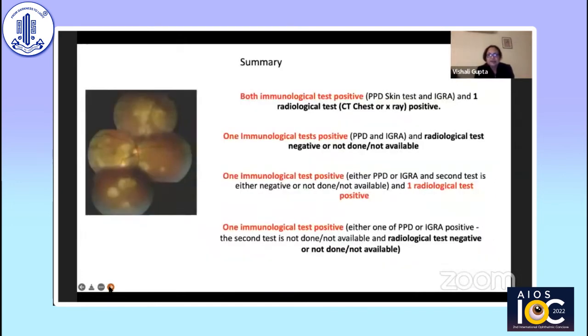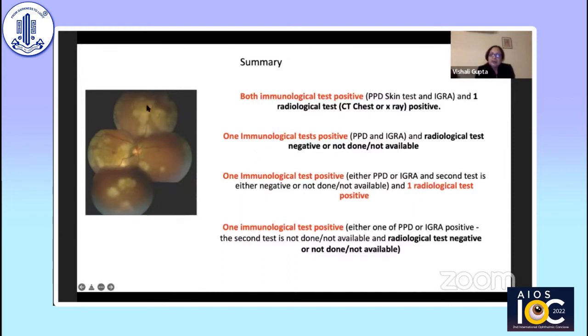So to summarize, you are thinking about TB in a patient. If both the immunological tests are positive and your radiologic test, which may be CT or X-ray, is positive, you would treat such a patient.